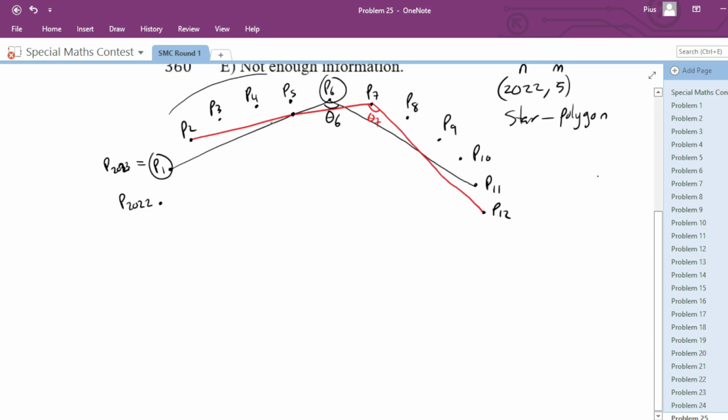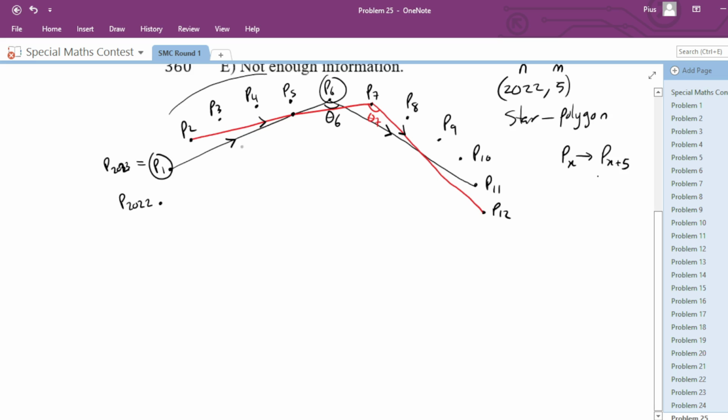We can also give each line some kind of direction, bearing or vector. If we do that for each line, pointing from each point to the next, so Px points to Px plus 5, we'll see that the slope of all these lines changes gradually, one after the other.